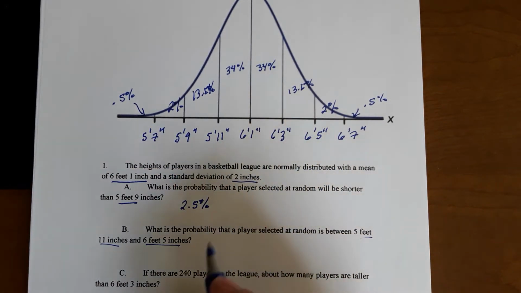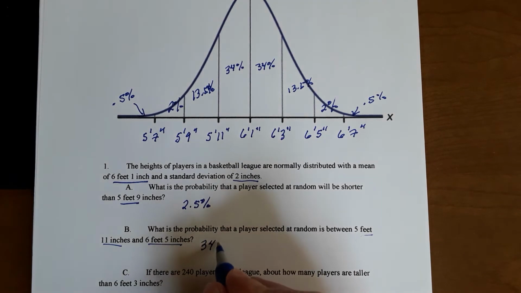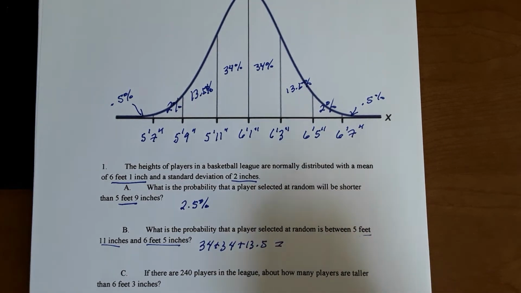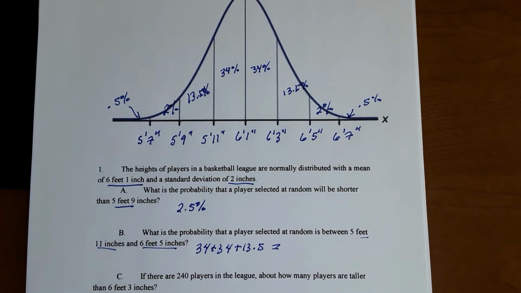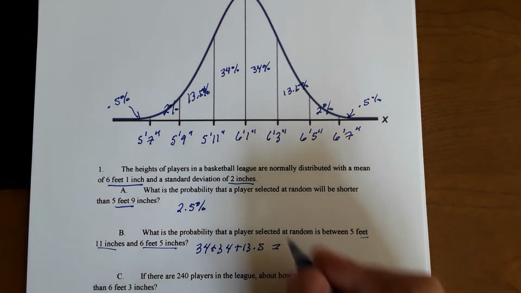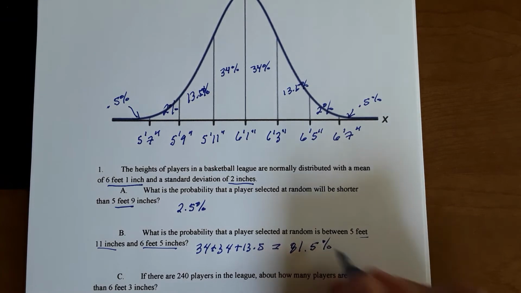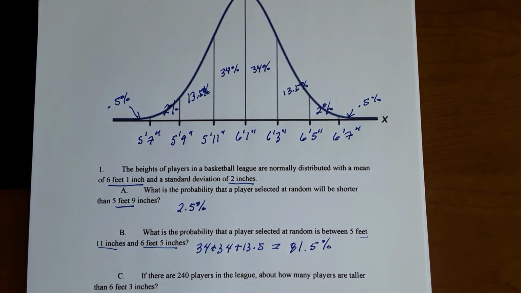So if we take and add 34, 34, and 13.5, you don't actually have to write this down. I can trust that you can either do this on a calculator or in your head. You're going to get 81.5% of the players fall between those two heights.